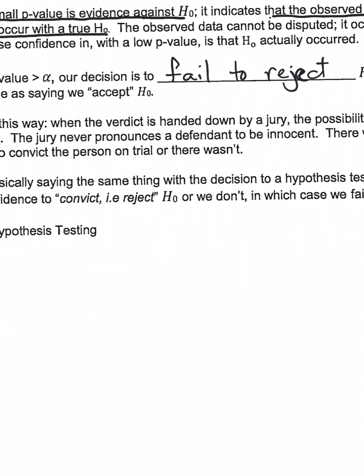Not guilty simply means we don't have the burden of proof. It doesn't necessarily mean you're innocent. Which is why, if you can show that you're innocent of a crime and you've been proven guilty, then you can sue the state and all kinds of other things for taking your life away from you. We always say guilty, not guilty. You'll never hear a jury say innocent. And there is a reason for that. And it's this statistical idea of rejecting or failing to reject.